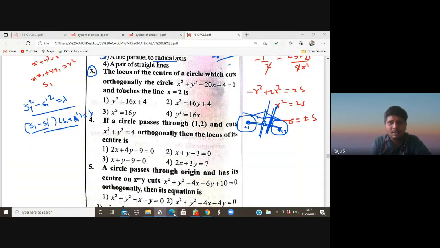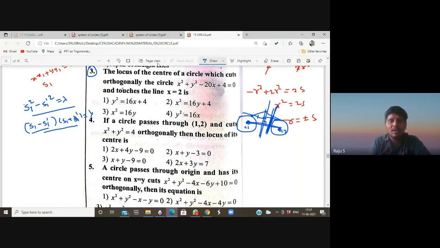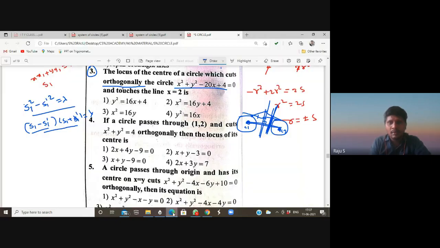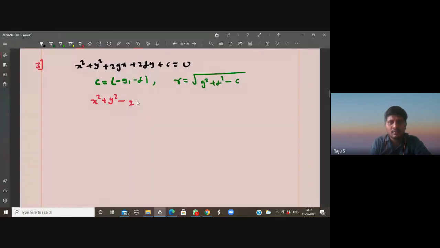According to the given condition, the locus of the centers of circles that cut orthogonally. Orthogonally is nothing but the angle between the given circle and the required circle. The given circle equation is x square plus y square minus 20x plus 4 is equal to 0.